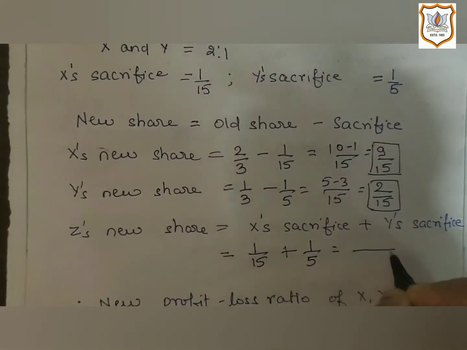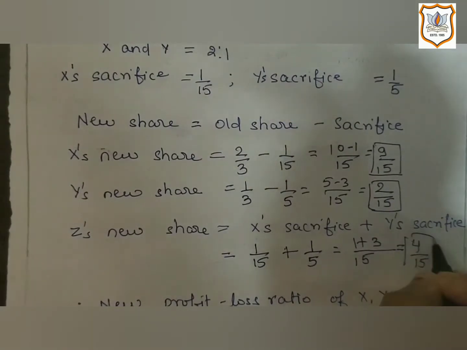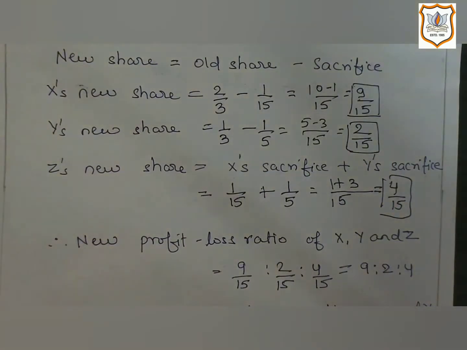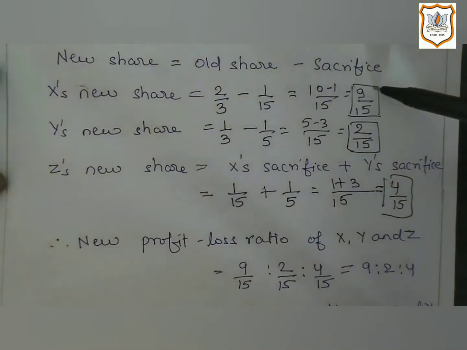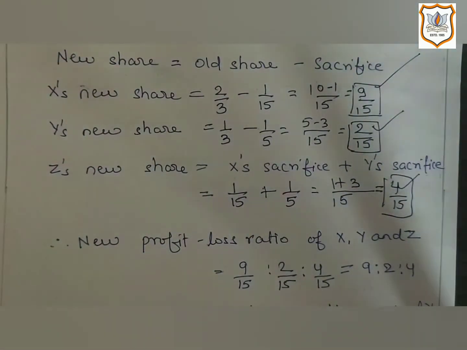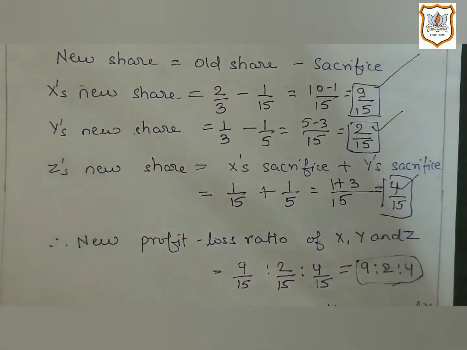So if we solve it by taking LCM, we will get 4 by 15. So in this way, new profit and loss sharing ratio of X, Y and Z is 9 is to 2 is to 4. Here I have written 9 is to 2 is to 4.